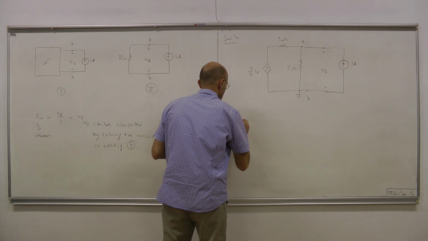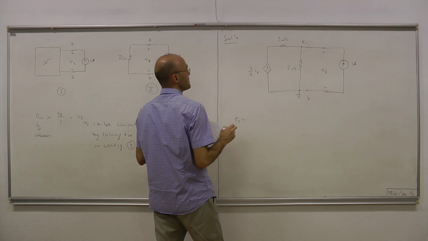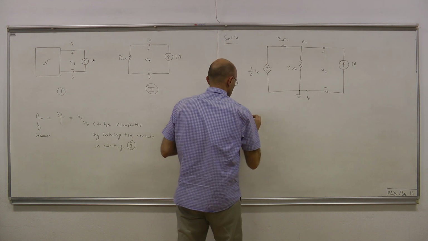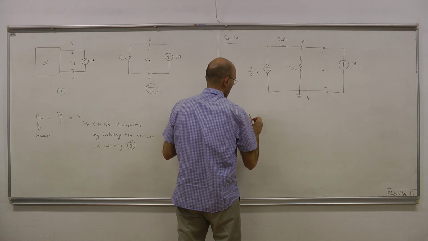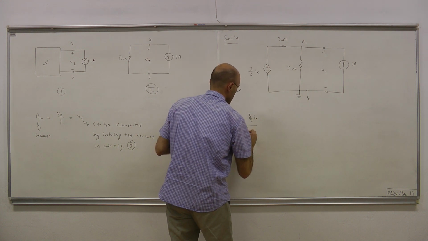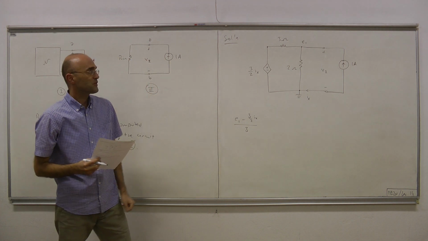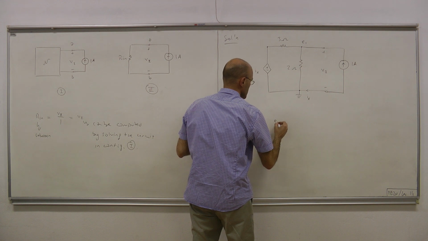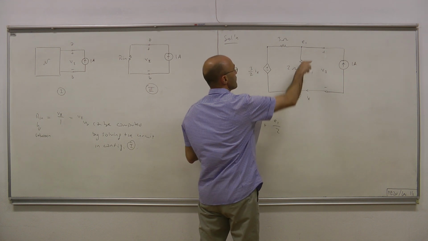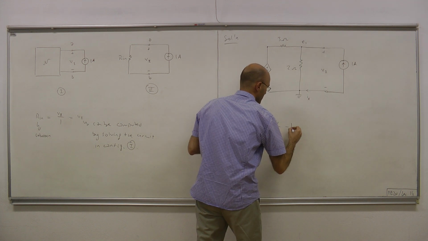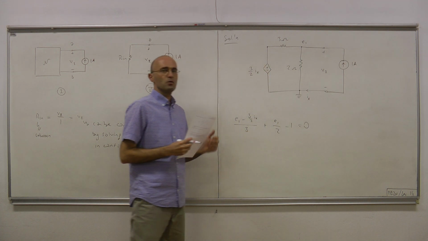Okay, so we have E1 minus this node voltage, which is 3 over 2 Ix, divided by the resistance in between. Okay, that's this current. And then we have this current, E1 over 2. And finally we have this current, which is minus 1 amp. And that must equal 0.